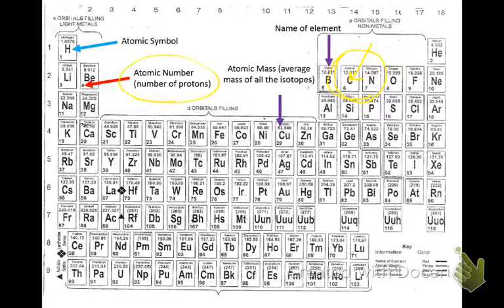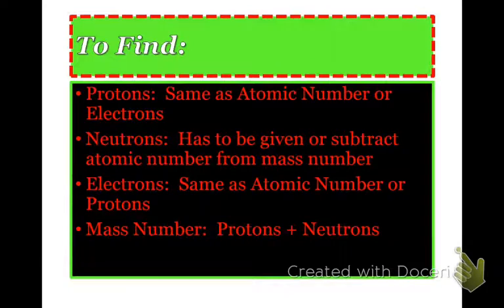Remember, the number in the corner is my atomic number. So 6 is my number of protons. And remember, electrons is also the atomic number.